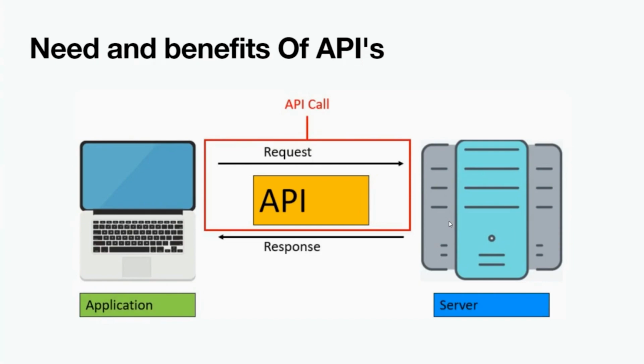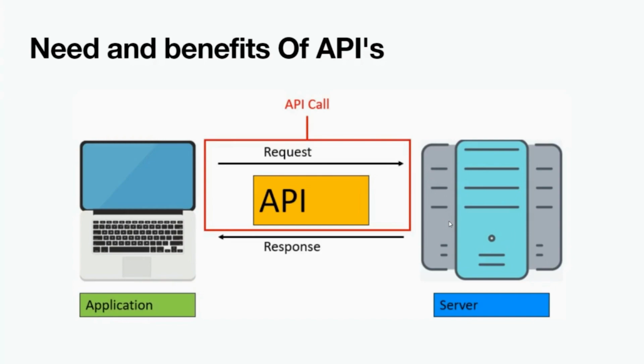So using the API call, we send a request to the database layer of a server that is placed somewhere else, and based on that request we receive a response, and that response is decoded and the result is shown to the application user or the customer or the client. So this is how the API works. And if we come to the benefits of API, they provide us safe and secure handling of data.